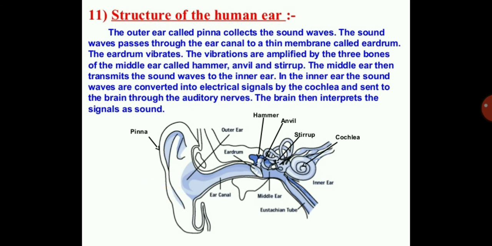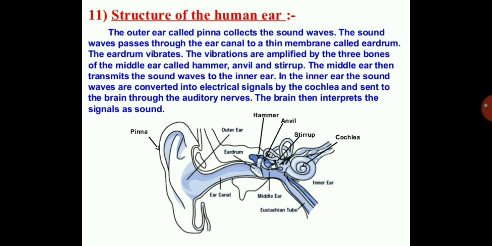The sound waves pass through the ear canal, this is the ear canal, to a thin membrane called the eardrum. Here is the eardrum. The sound waves travel through the ear canal and hit the eardrum, and it starts vibrating.